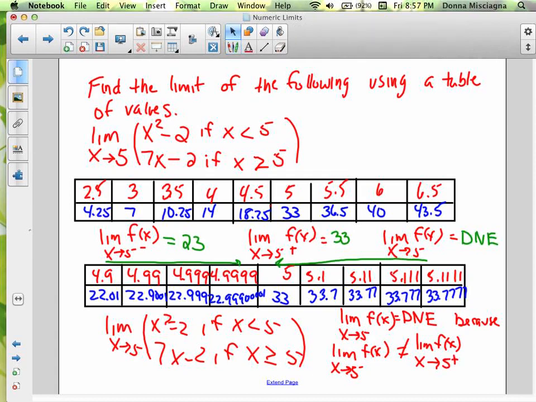So because our one-sided limits, although they exist, are not the same, the two-sided limit does not exist.